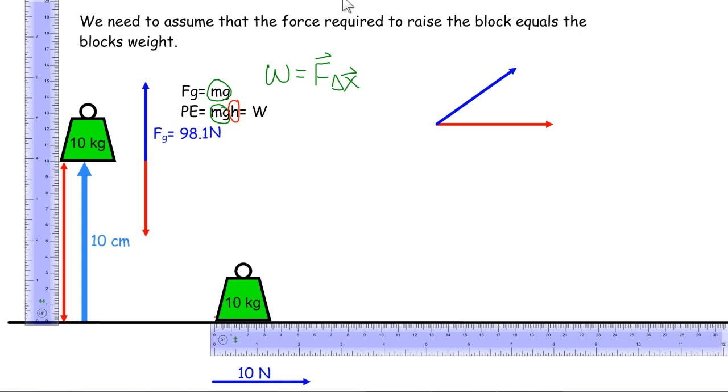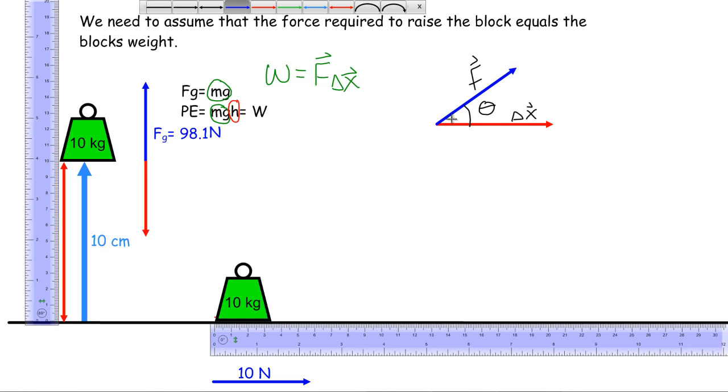Let's say this angle is angle theta. If there is some angle between my force vector and my delta x vector, or displacement vector, well, the component of the force that does the work is the parallel component of the force.